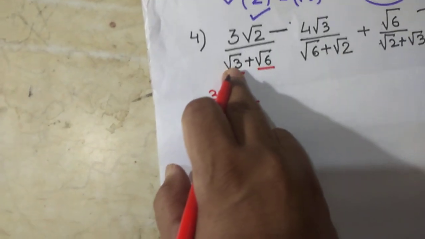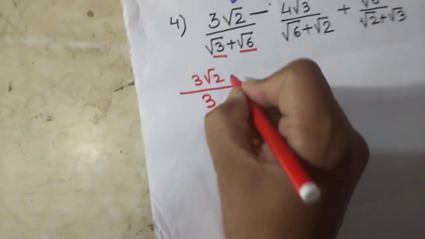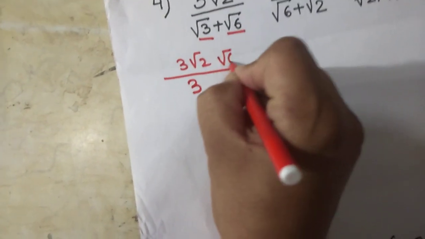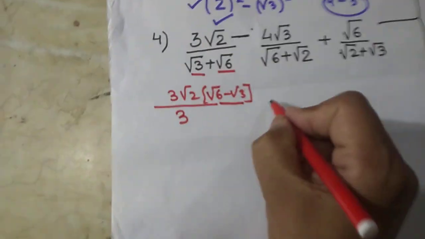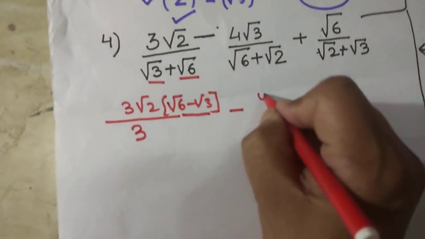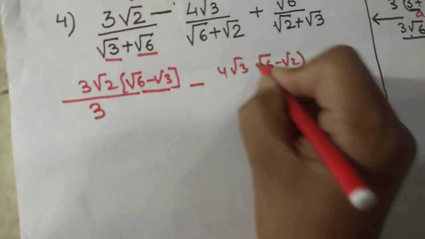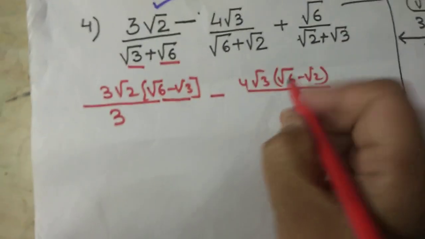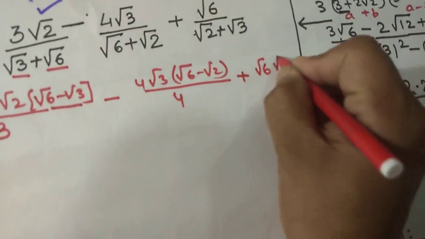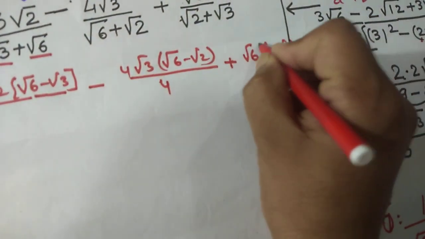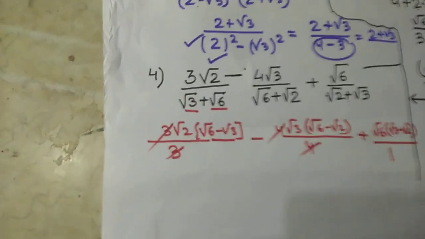So 6 minus 3, a plus b, a minus b. 6 minus 3 is 3, and then in numerator root 6 minus root 3 minus 4 root 3, root 6 plus root 2. We need root 6 minus root 2, and denominator 6 minus 2, 4, plus root 6, root 3 minus root 2, in denominator 1. 4 4 cancel, 3 3 cancel.